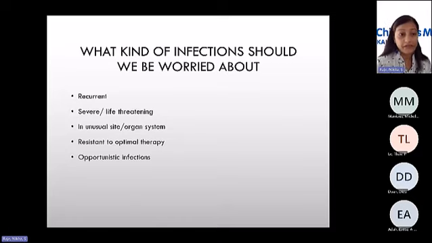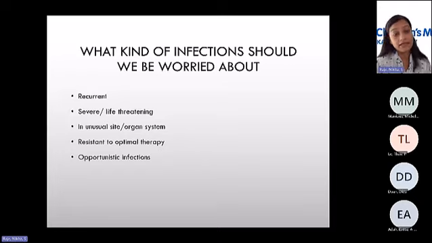Severe life-threatening infections are also a sign where we should get worried. If an infection is in an unusual site or organ system, such as even a single abscess in the brain or liver, these are all sterile organs. And if there is an infection, we should be thinking of what could be an issue that led to such a serious infection in an unusual site.